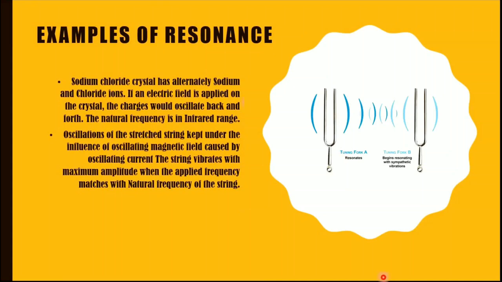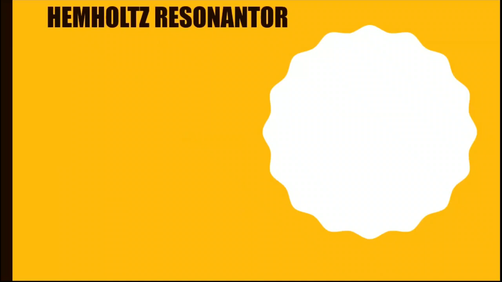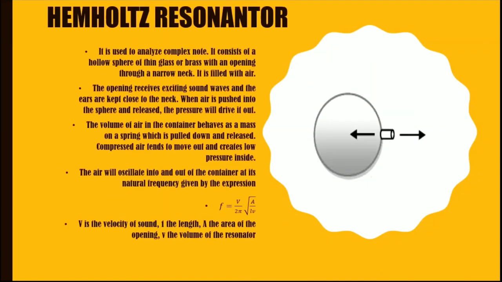So now let's move on to the Helmholtz resonator. It is used to analyze complex notes. It consists of a hollow sphere of thin glass or brass with an opening through a narrow neck. It is filled with air.